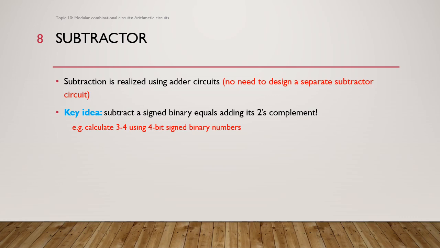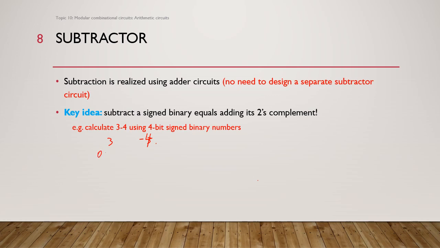To help you remember this, let's solve a very simple question quickly and see how we do this step by step. Okay, so let's calculate 3 minus negative 4 using 4-bit signed binary numbers. First, we need to find the representation for these two numbers, 3 and negative 4.